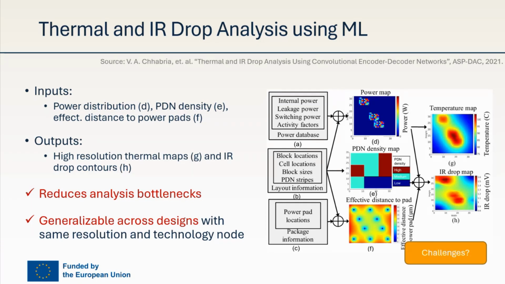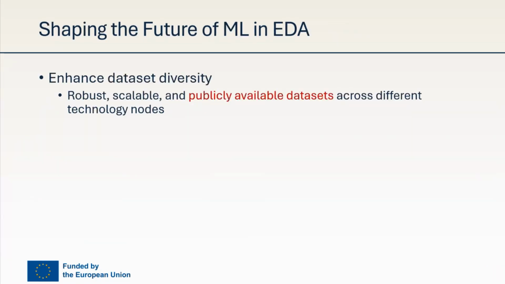However, there are of course challenges that need to be addressed for the better employment of machine learning methods in EDA. First, we need more diverse and publicly available datasets, something that Tahani also mentioned previously, that represent different technology nodes, since it is important in order to improve model robustness and scalability.